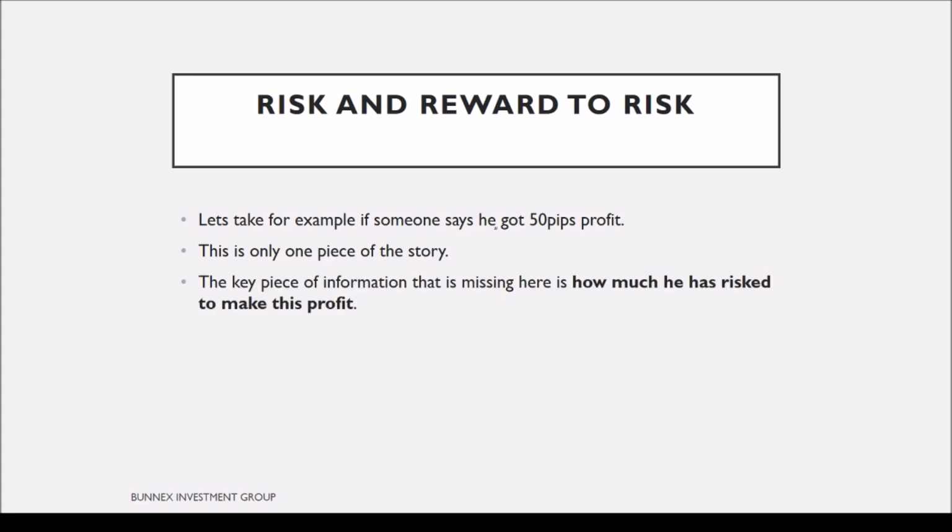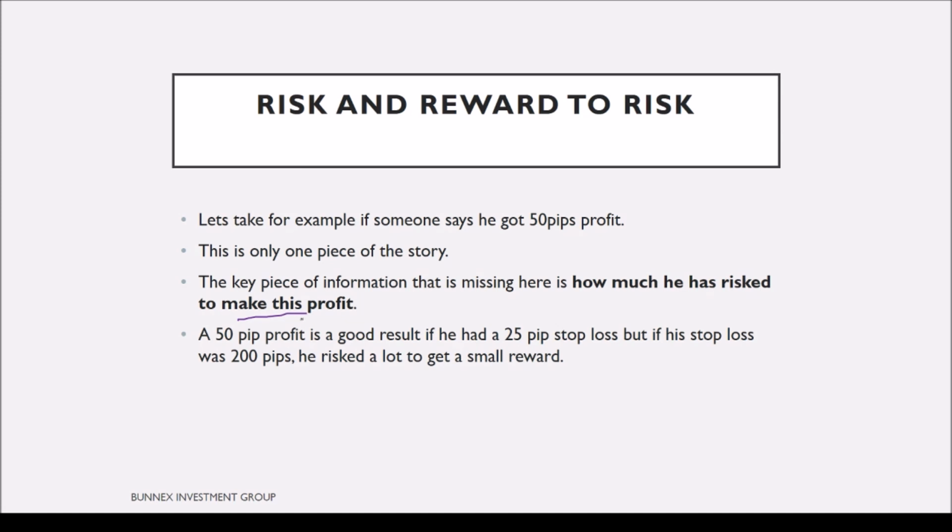Why? Because the key piece of information that is missing here is how much he has risked to make this profit. A 50 pip profit is a good result if he had a 25 pip stop loss, but if his stop loss was 200 pips, he risked a lot to get a relatively small reward.